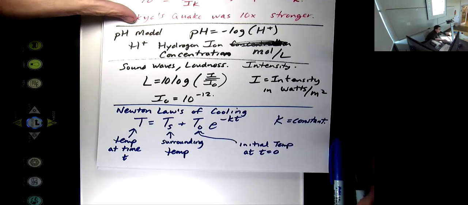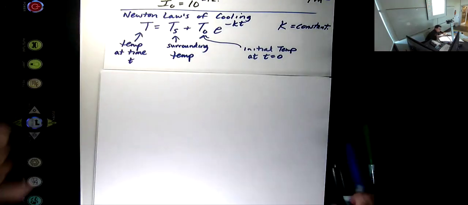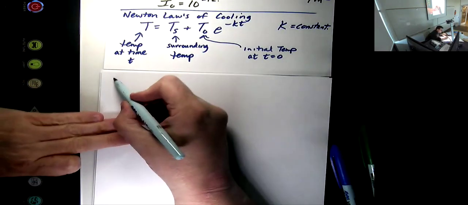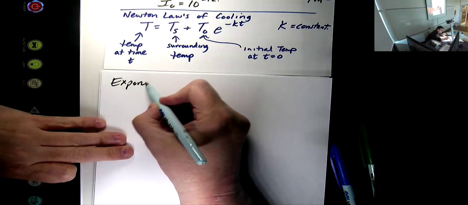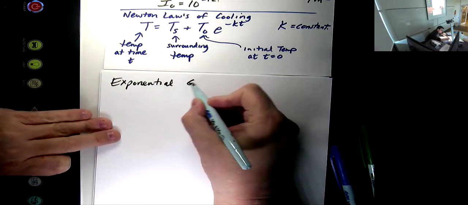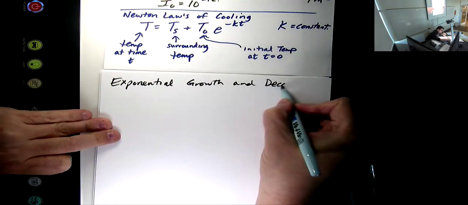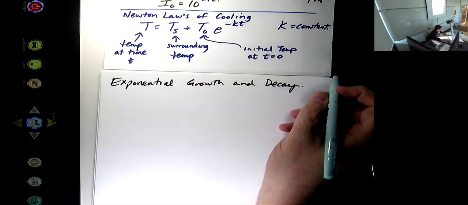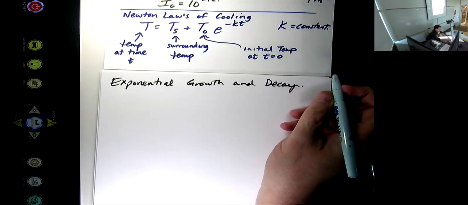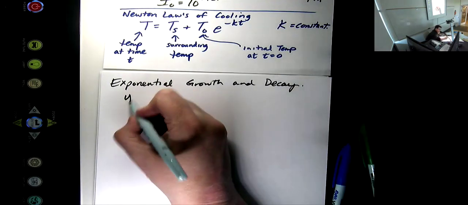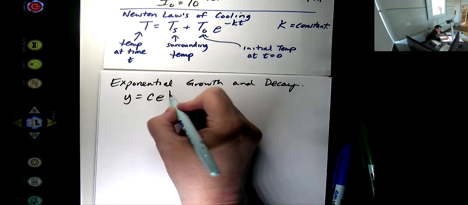The one we're actually going to work through is the exponential growth and decay models. Y equals C e to the KT.